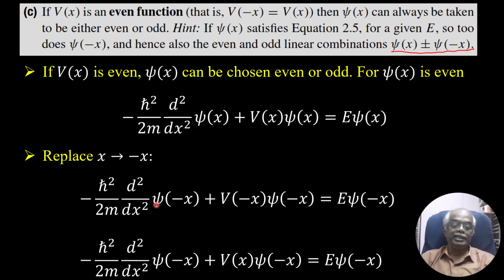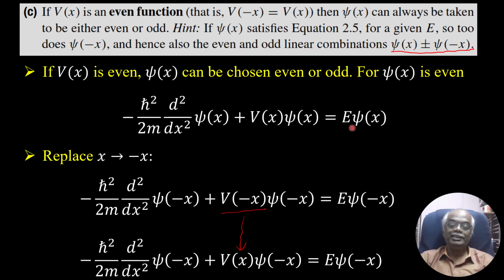Then you can write ψ(−x) plus V(−x) ψ(−x). Here V(x) is even, so V(−x) will simply become V(x). So this is minus ħ² over 2m d²/dx² ψ(−x) plus V(x) ψ(−x), which is equal to E ψ(−x).